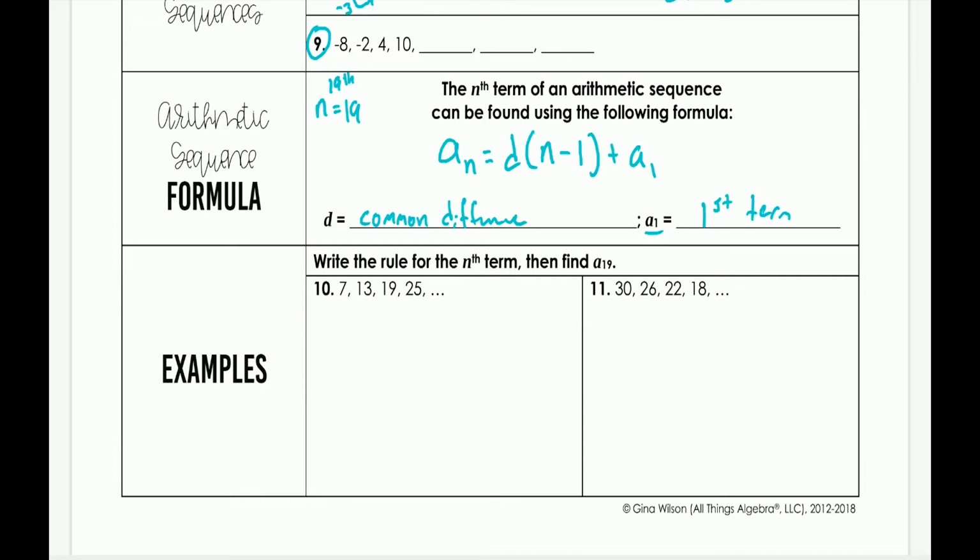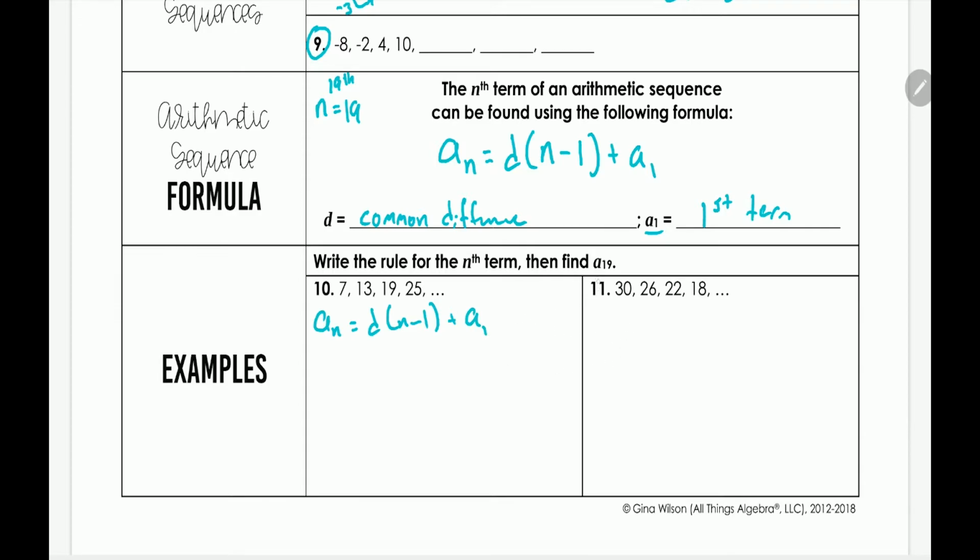Okay, so let's use the formula to help us determine the rule for the nth term. Let's go ahead and do that. We have a sub n is equal to d times (n minus 1) plus a sub 1.